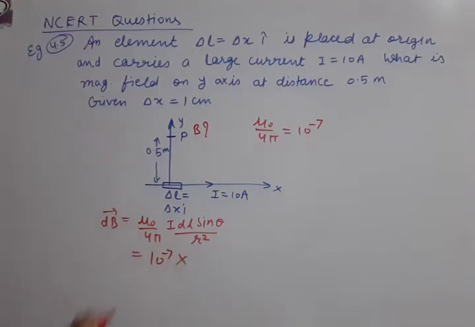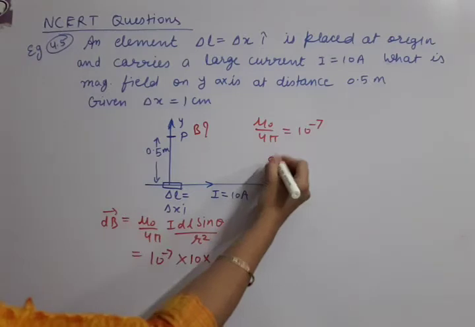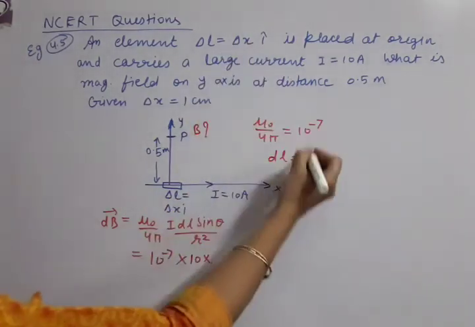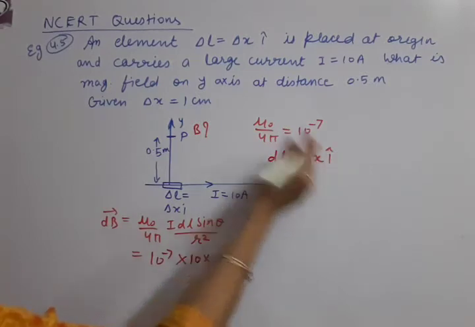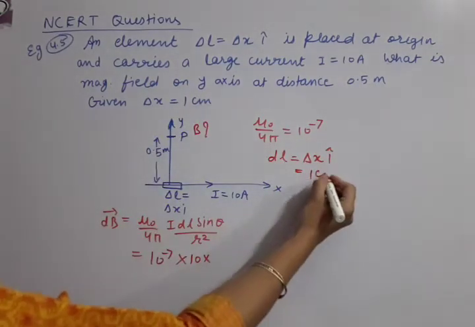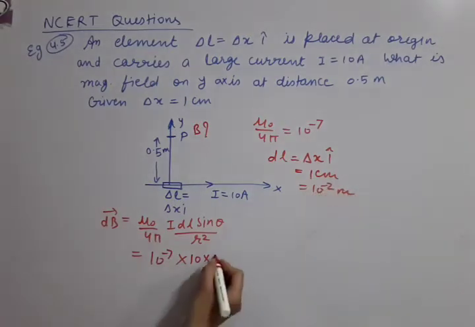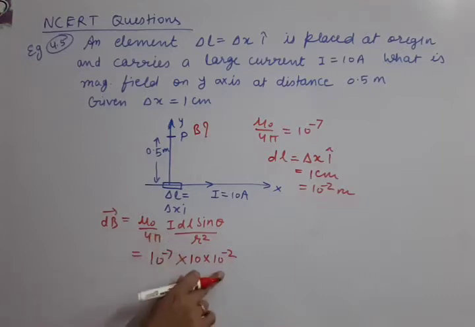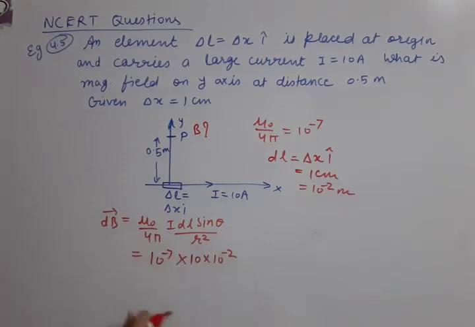I is the current, 10 ampere. dL is written delta X I cap. Delta X value is given 1 centimeter, that means in meter 10 raised to power minus 2. So I am putting 10 raised to power minus 2 value for dL. I cap is just showing the direction, so we are using here magnitude.